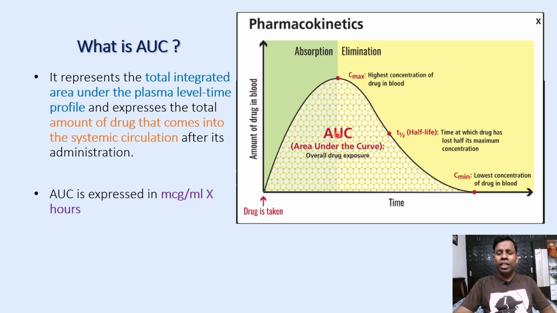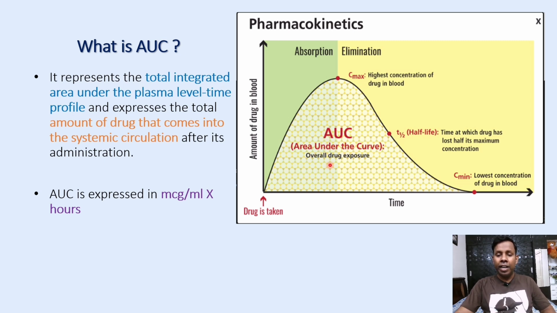So AUC is the area under the curve. This AUC is a measure of the extent of drug absorption. It expresses the total amount of drug that comes into the systemic circulation after its administration. After the drug is administered, how much drug is reaching the systemic circulation, how much of the drug is going to the blood circulation, that can be expressed by this area under the curve.